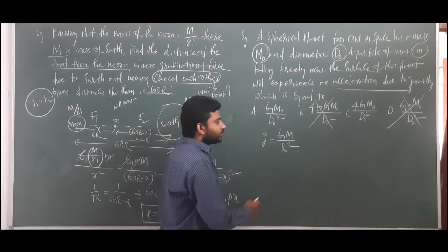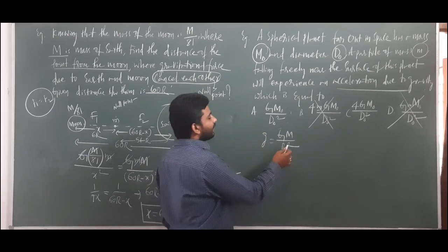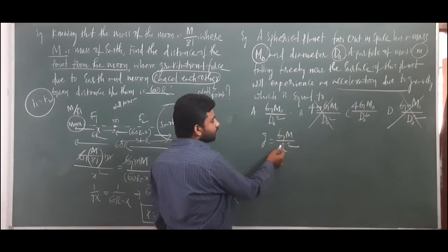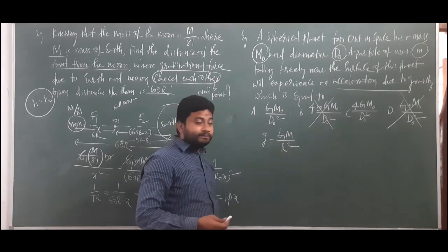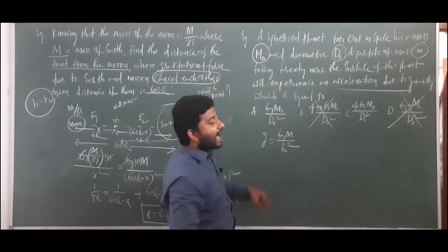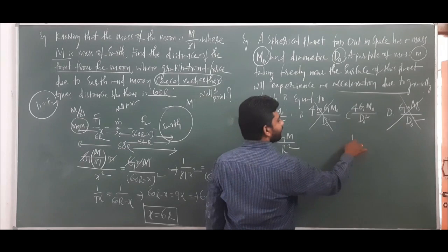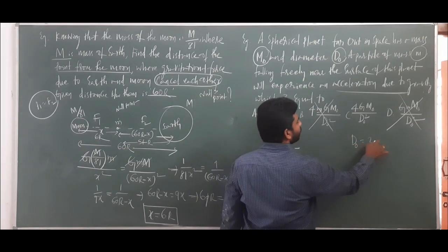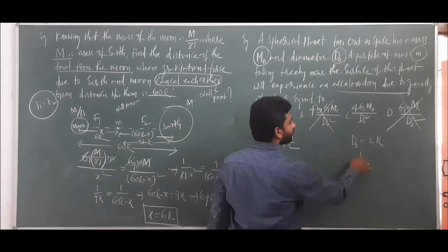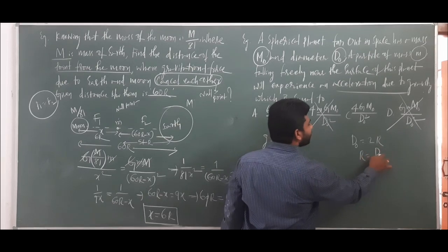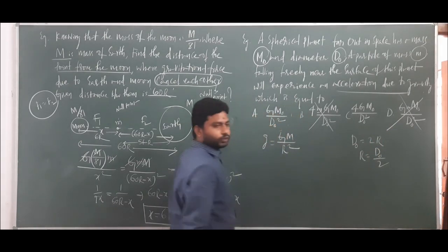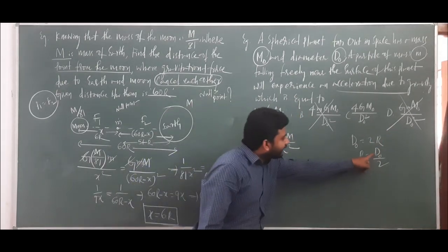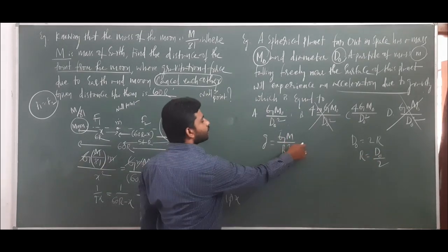The general formula for acceleration due to gravity is G times mass by r square, where r is the radius. But in the given question, they have given us the diameter. Diameter is equal to 2 times the radius, so radius is equal to the diameter of the planet by 2. In place of radius, you place d0 by 2, and you get the answer.